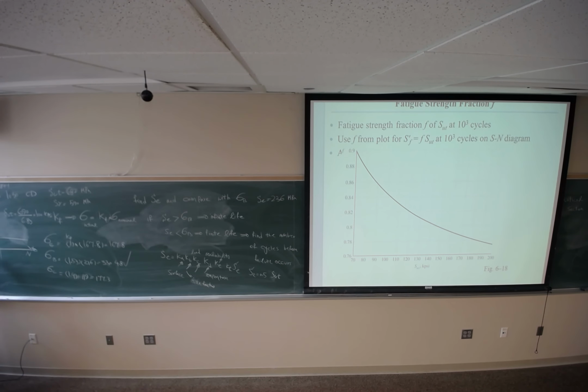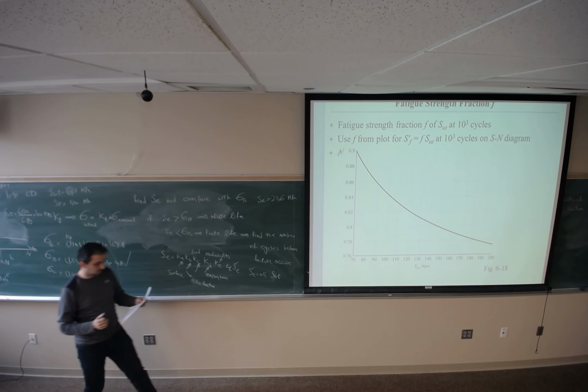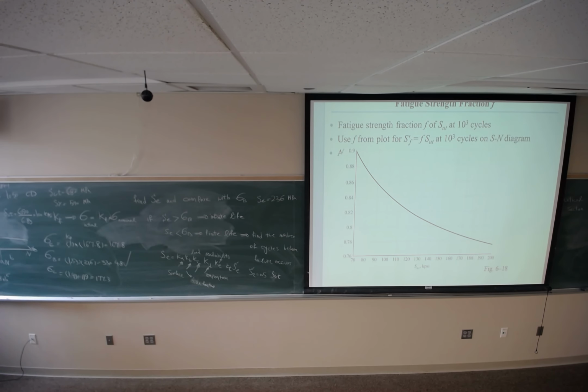This line, Sf is a N to the power b. This is 330 megapascal, 0.48 times 10 to the power 6 megapascal, a and b. If you remember what was the value for a and b.